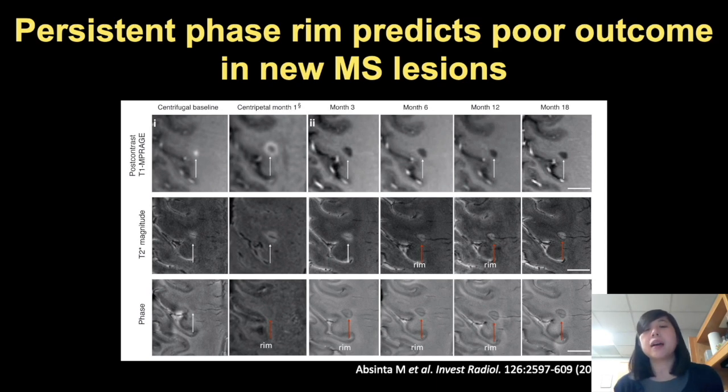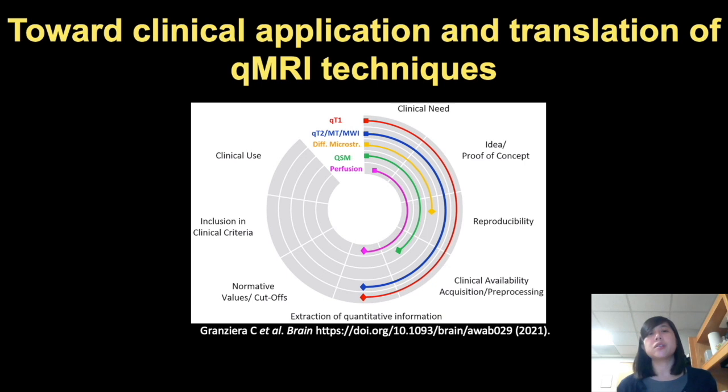This paper by Martina Absinta et al. basically showed that the persistent phase rim predicted poor outcome in new MS lesions. And so this has led to a very promising way of potentially better understanding and characterizing the heterogeneity of MS lesions and predicting outcome based on the prevalence of such lesions.